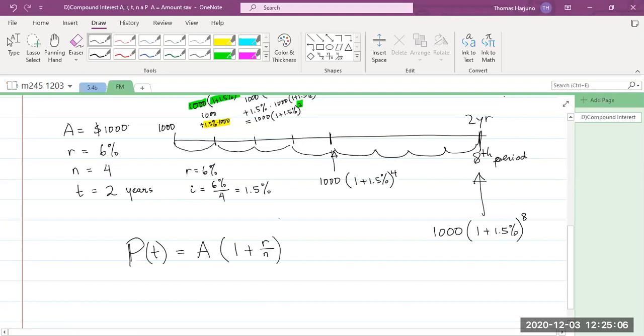But the number of times you jump is n times t. N times jumps per year times t in years. That's the formula.